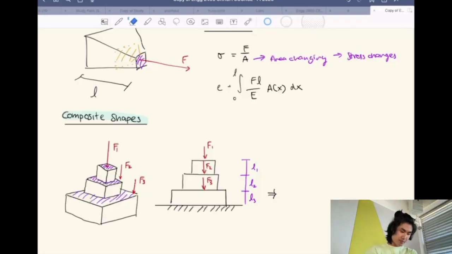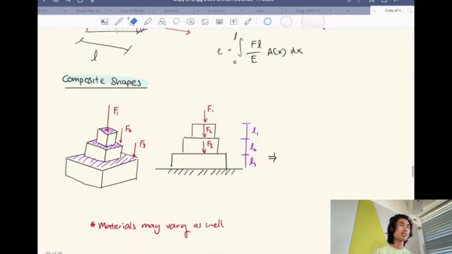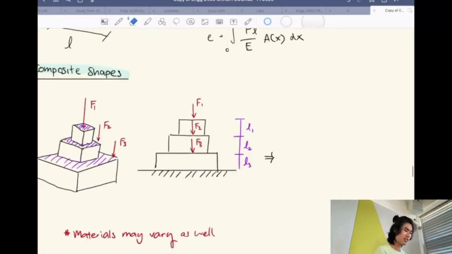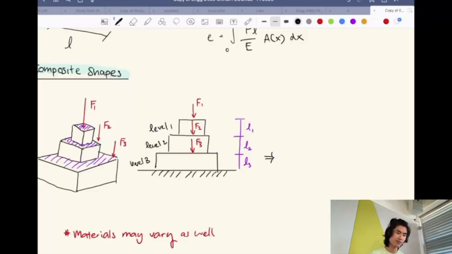So what do you guys think happens to a composite shape? If you had something that looks like this, then let's take it at a surface level. For the first level, level 1, level 2, level 3, what do you guys think will happen at each level if this is the formula? You can think of it as elongation is equal to FL over AE.